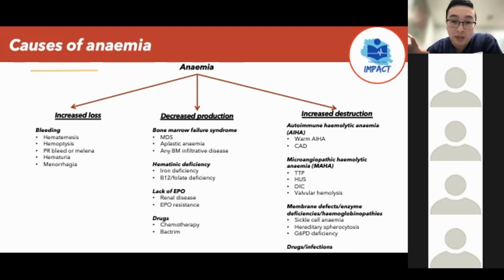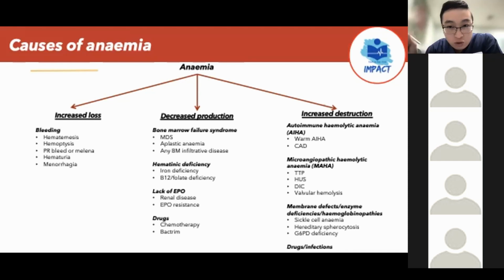And then the red blood cell reconstitutes its shape and it forms a sphere. And so you get spherocytes. Red blood cells aren't meant to be spheres. They're meant to be biconcave discs. And so they're not very flexible, and they get sheared when they try to squeeze through the spleen.